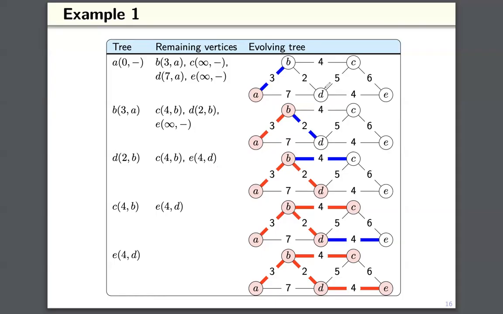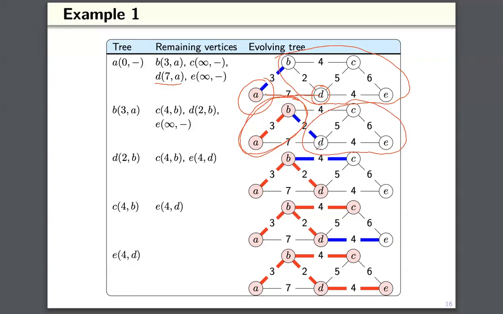For example, D, let's look at D. D was at a distance of 7 from A here, right? So this was our tree, and this was the rest of the tree. D was at a distance of 7 from the tree. When we pulled in B into the tree, now the tree is evolving, right? This is our tree, and this is the rest of the tree.